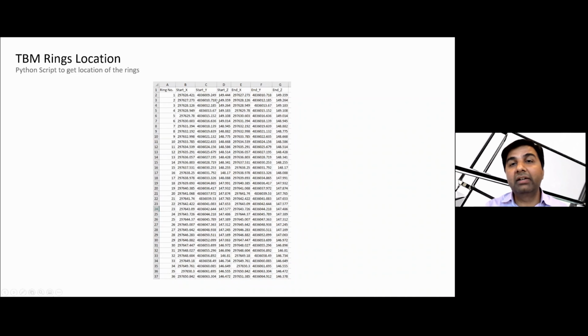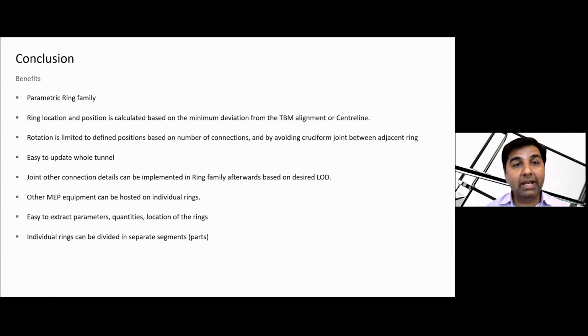The conclusion about the whole digital development initiative is that we have mostly benefits. When you model this as a parametric ring family, you can change it whenever you want afterwards, without rerunning or regenerating everything.